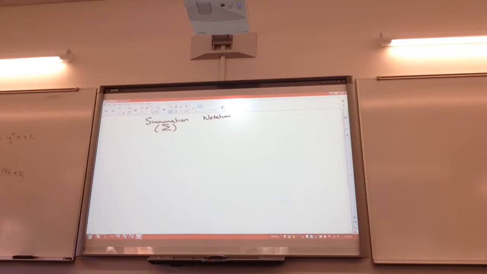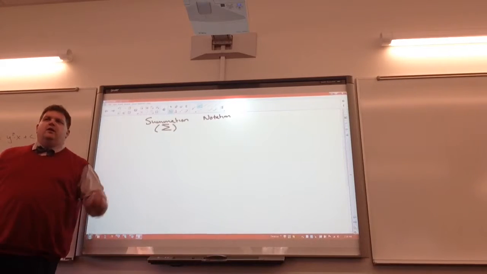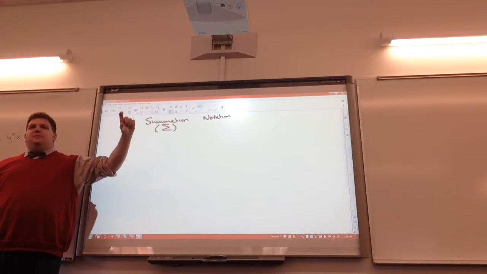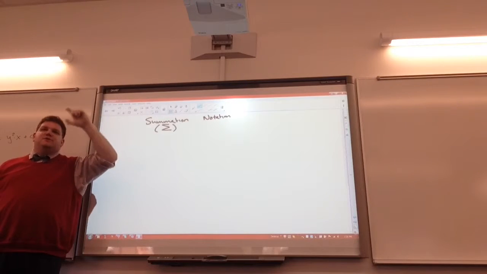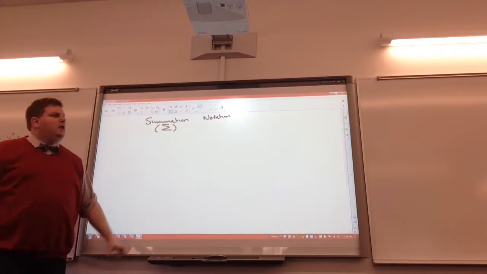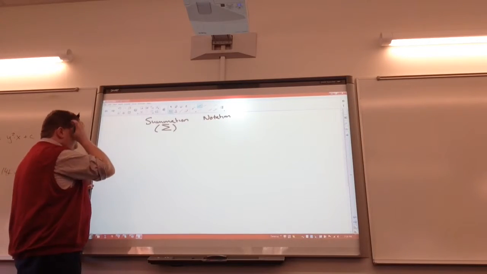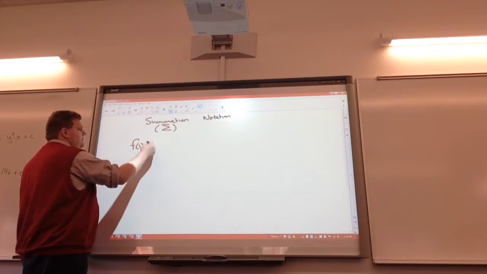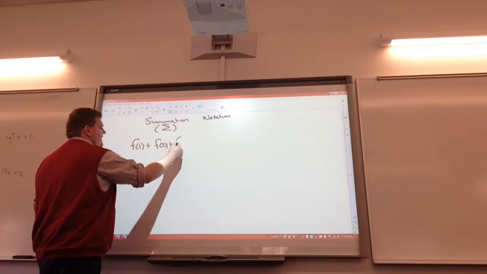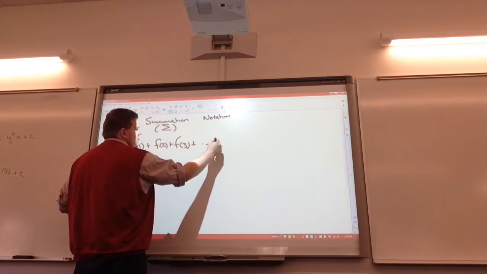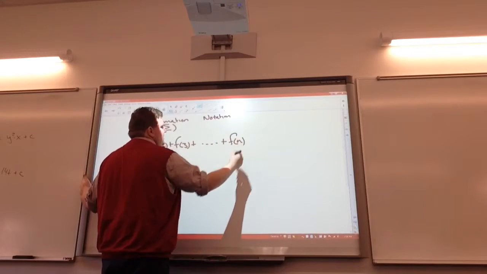Now, sigma notation is basically what you write when you're adding up a string of numbers together, okay? When you're adding up a series, and a series is just numbers being added together, but they follow a distinct rule, so it's like a function, but you're adding every term of the function together, okay? You use this sigma notation. So the idea here is it might be something like f of 1 plus f of 2 plus f of 3 plus all the way up to some last number f of n.